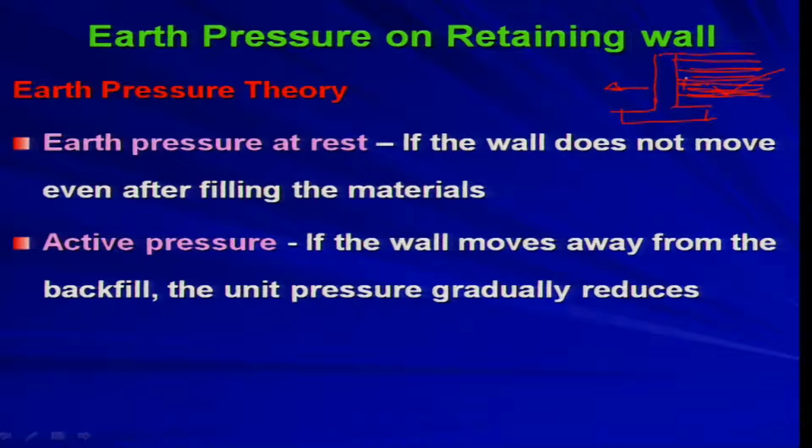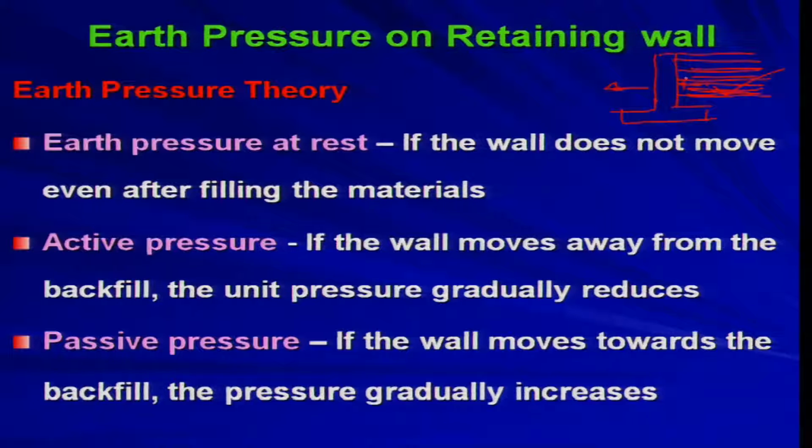Now, similarly, obviously there could be another condition where the wall moves towards the backfill. That is known as passive pressure. In passive pressure, if the wall moves towards the backfill, the pressure gradually increases. In case of the active state, the wall starts moving away from the backfill, so the pressure is getting released.